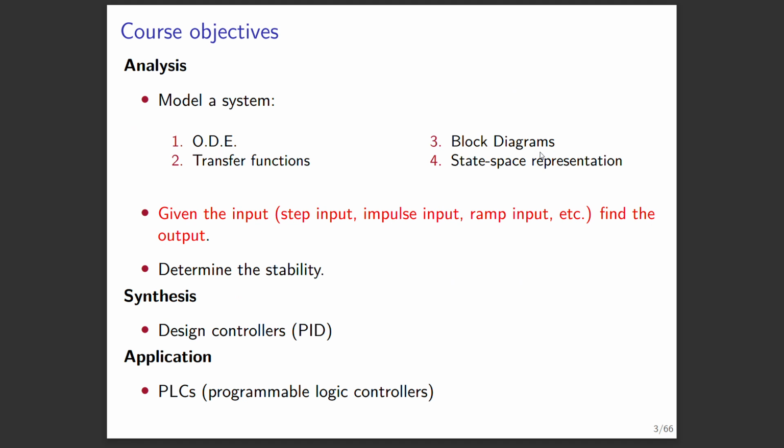Then, having these models, we want to learn about the behavior of the system. So now we are discussing those things. We are studying the behavior of a system, and we are focusing on systems which can be first order or second order. Okay.